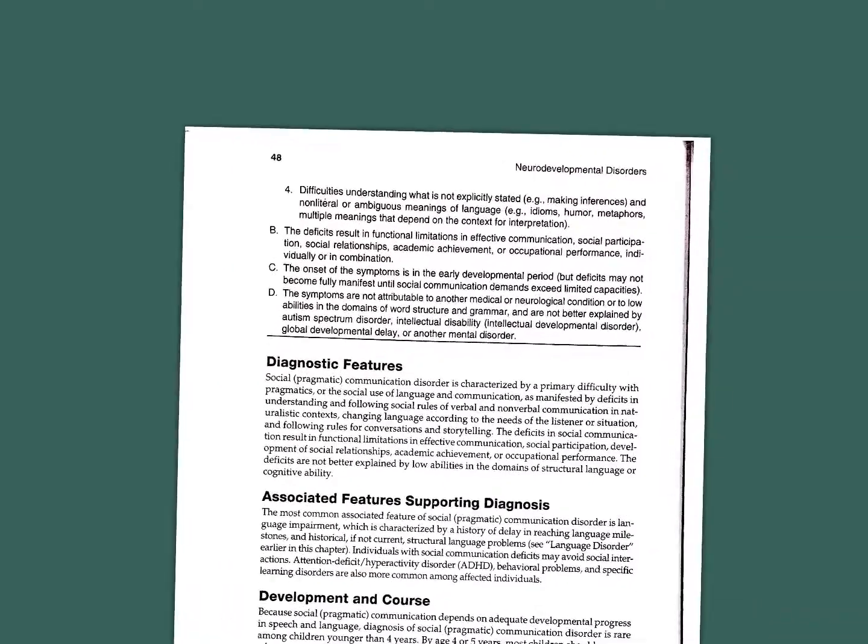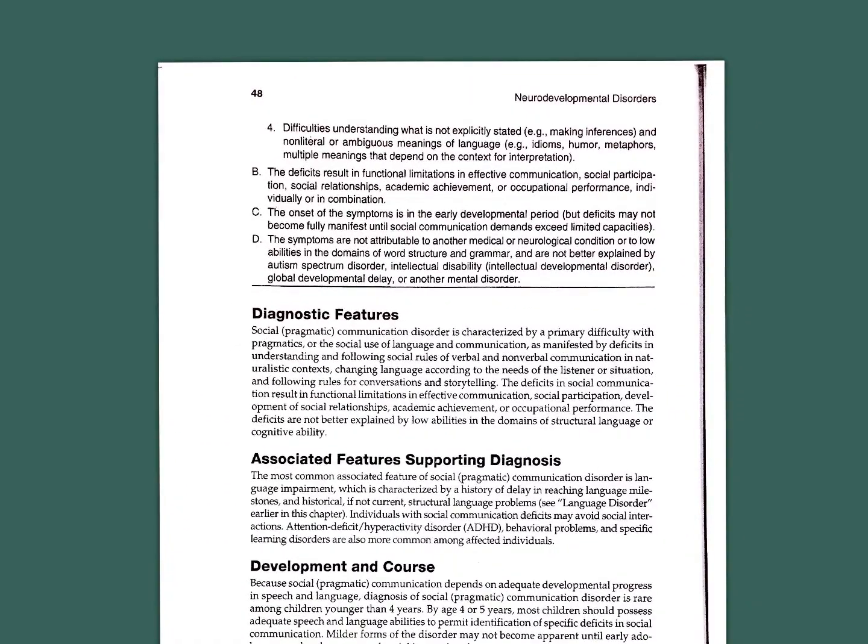The 4th element is difficulties understanding what is not explicitly stated, non-literal or ambiguous meanings of language. They just won't understand certain humor, metaphors. They'll be very concrete. Deficits result in functional limitations in effective communication, social participation, social relationships, achievement in school, and ability to work either by themselves or with others.